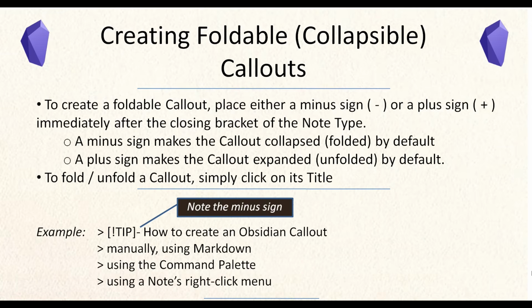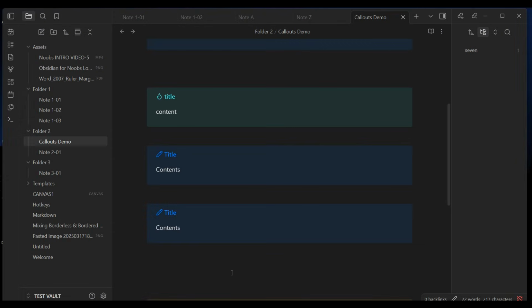Regardless of which state it's in, meaning folded or unfolded, simply click on the title to put it into the other state. So if it's in the folded state and you want to open it up, click the title. If it's open and you want to fold it, click the title. Let me demonstrate that now. Okay, I'm back in the vault.